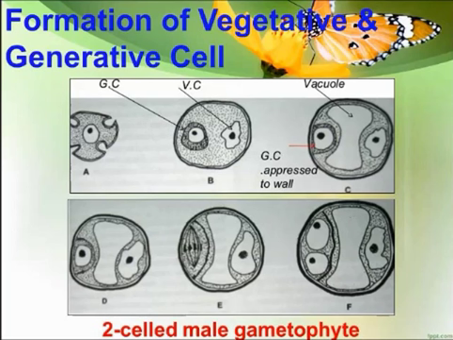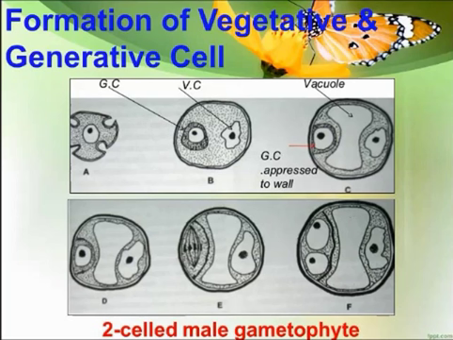Figure B shows the post-mitotic pollen grain with a vegetative cell and a newly formed generative cell. Figure C shows the presence of a single large central vacuole and generative cell pressed against the pollen grain wall.